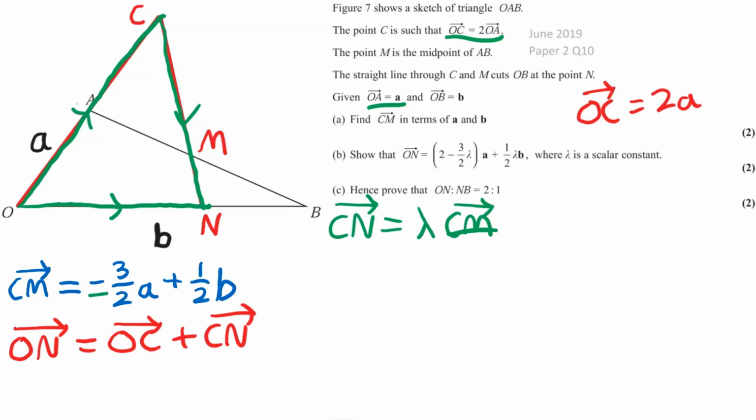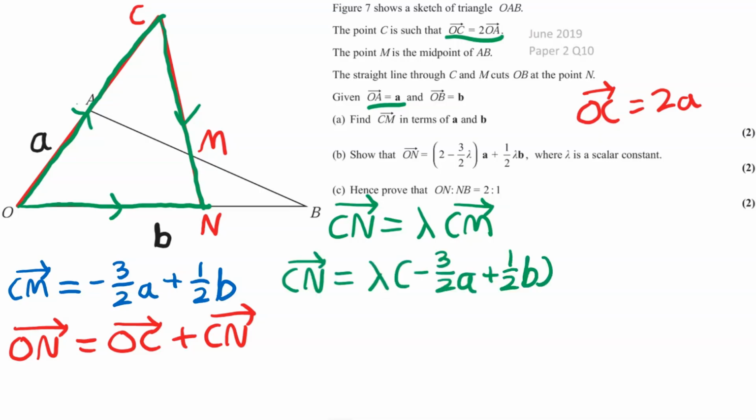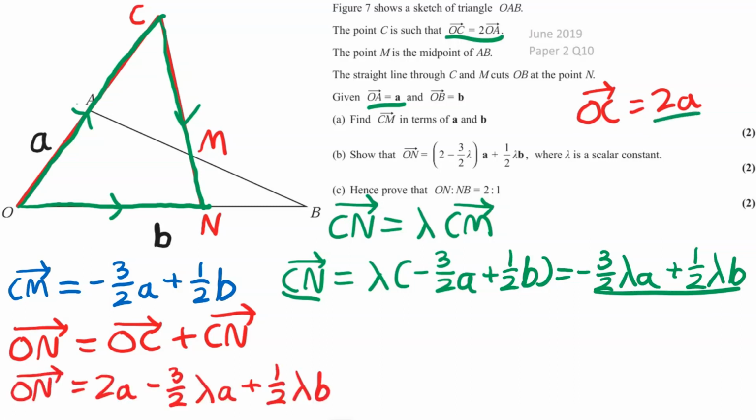We figured out in part A that CM is equal to this, therefore CN is going to be equal to this lambda multiplied by this, minus 3 over 2 a plus half b. We can expand this bracket, so it's going to be minus 3 over 2 lambda a plus half lambda b. So this is what CN is equal to. So therefore, subbing these values in for OC and CN, ON is equal to OC, which is 2a like this here, and then plus CN, so it's going to be this, minus 3 over 2 lambda a plus half lambda b.